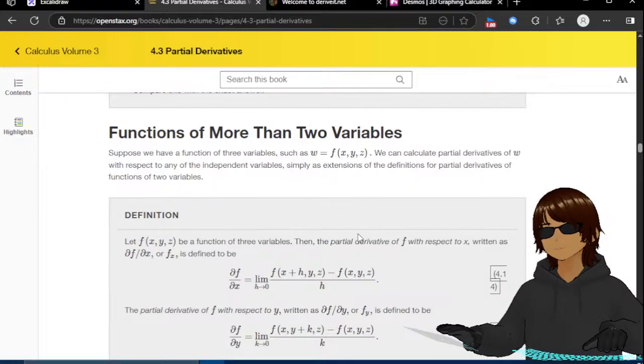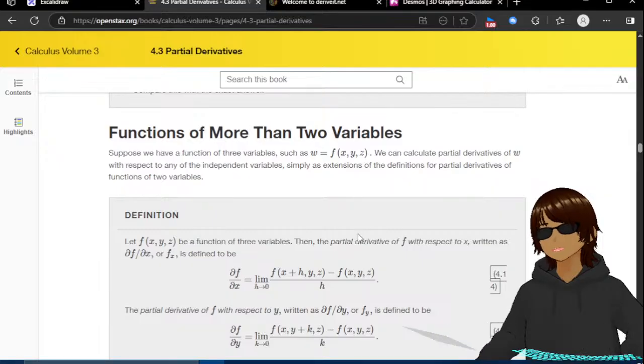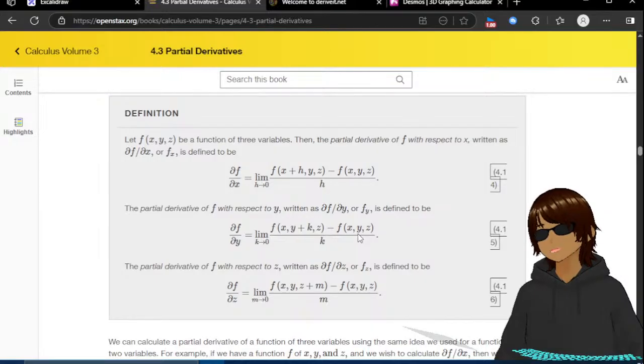Functions of more than two variables. Suppose we have a function of three variables such as w = f(x, y, z). You can calculate partial derivatives of w with respect to any of the independent variables simply as an extension of the definition of partial derivatives of functions of two variables. Let f(x, y, z) be a function of three variables.